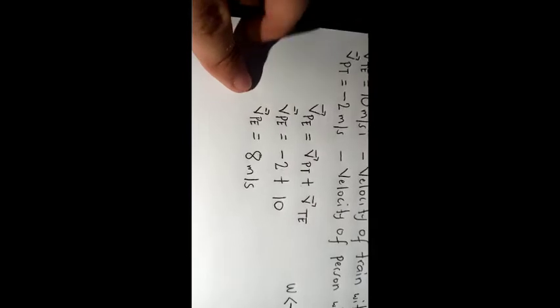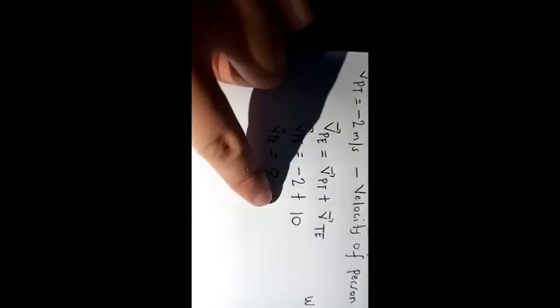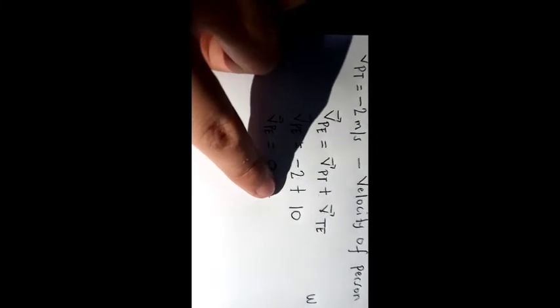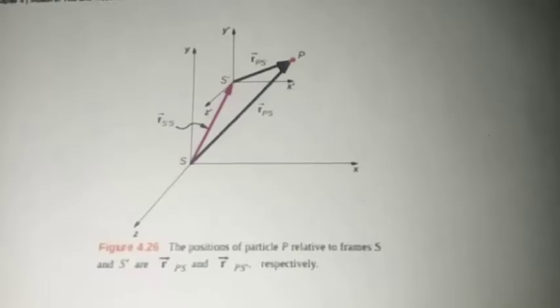Here, the velocity of the person with respect to the train is negative 2, plus the velocity of the train with respect to the earth, which is 10. So negative 2 plus 10 is equal to 8 meters per second, and this is the velocity of the person with respect to the earth.